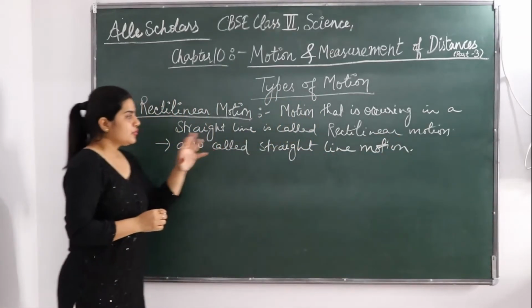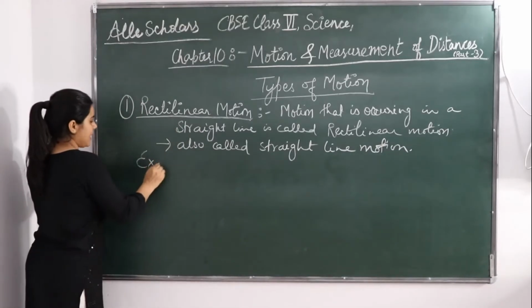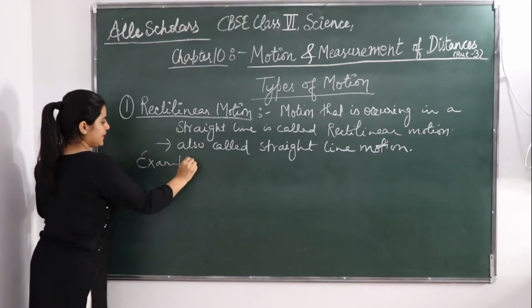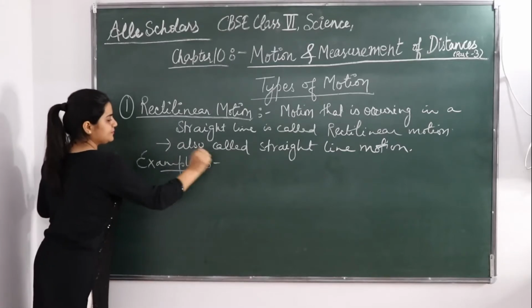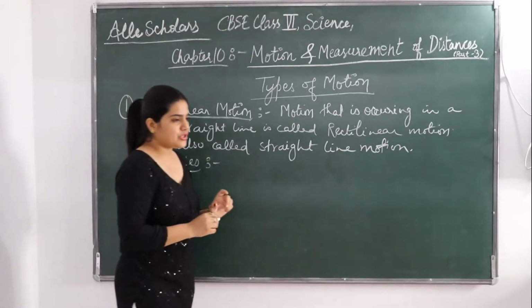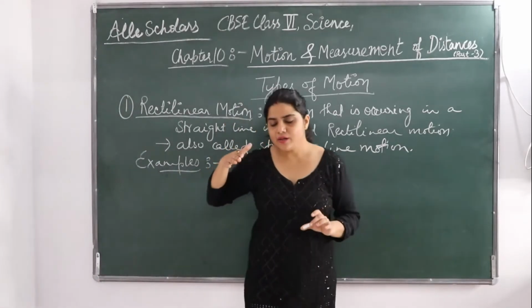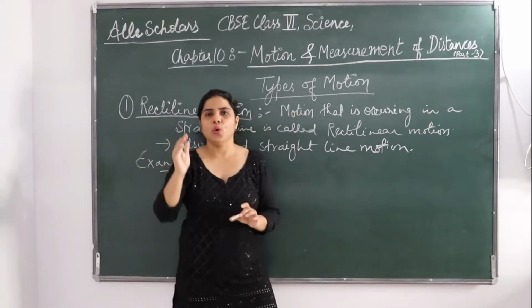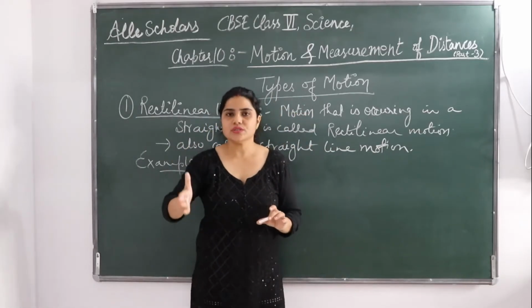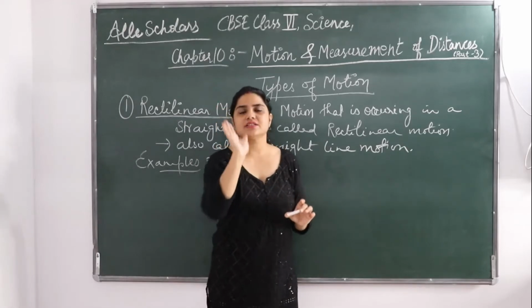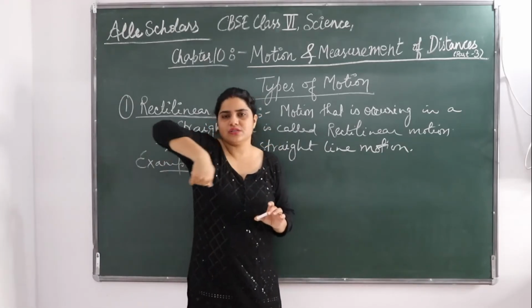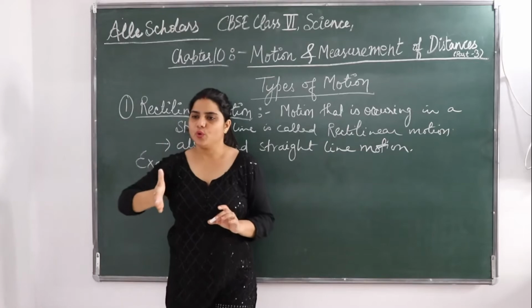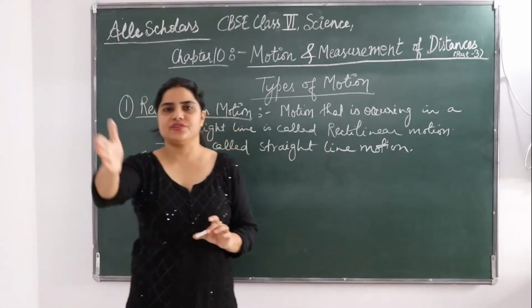Fine. So now we will see some of the examples which will give you a straight line motion or a rectilinear motion. So when a vehicle moves on a straight road, how does it move? It goes straight. Nobody goes like this or like this. If a road is straight, we move straight.